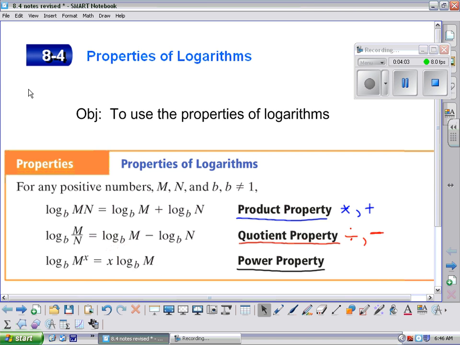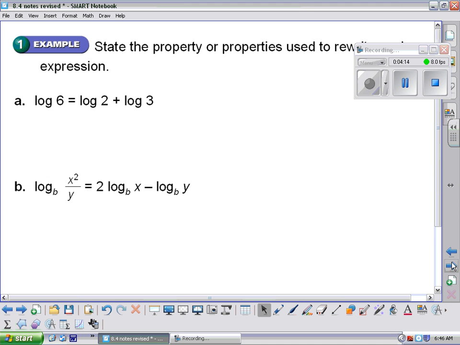All right, let's get to a couple of examples. For these first couple, the question is just what rules are you using? So example one won't take us very long. If I take a 6 and expand it out into log base 10, log base 10, log base 10, I'm always writing that in for right now.